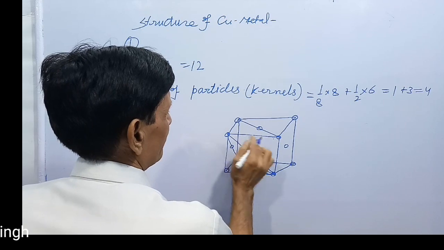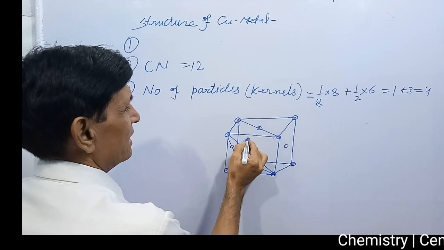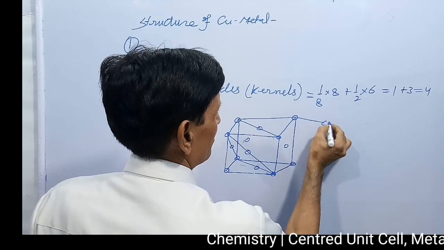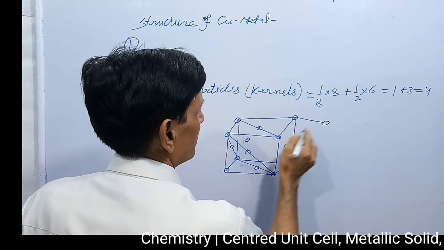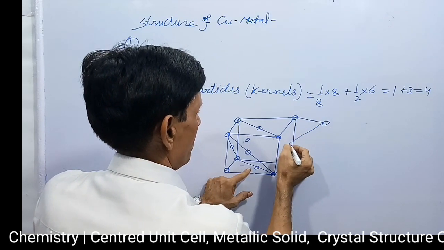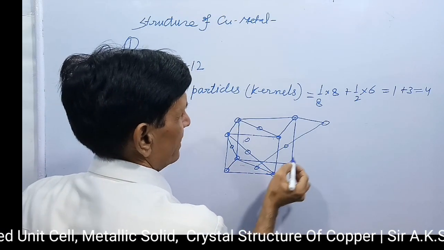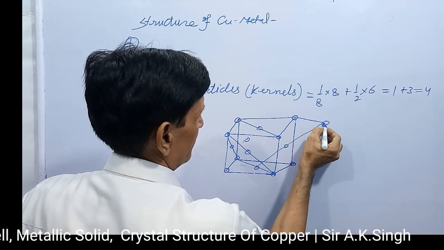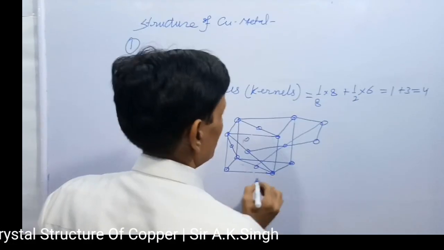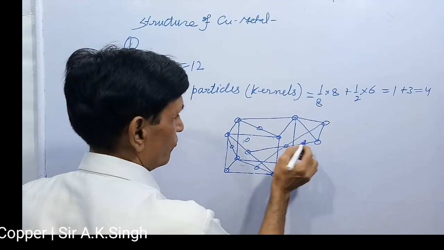Now you can use a scale and draw nicely, or you can do it that way also. Now here I am extending one particle for the unit cell. Then this particle is connected with this, and another particle is connected with this, and corners connected with this corner, and this is one extension.